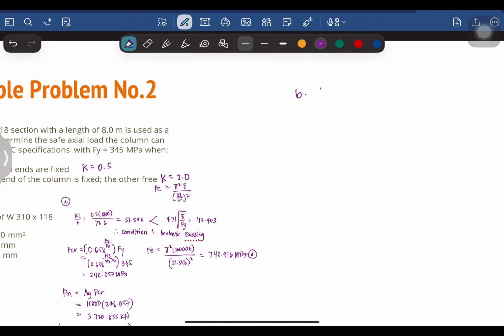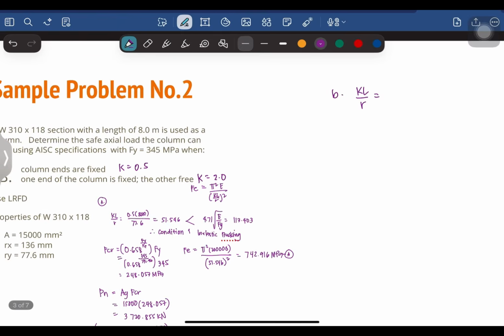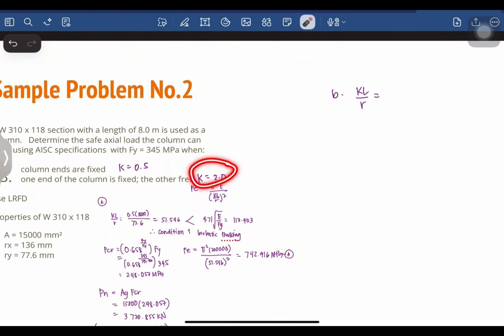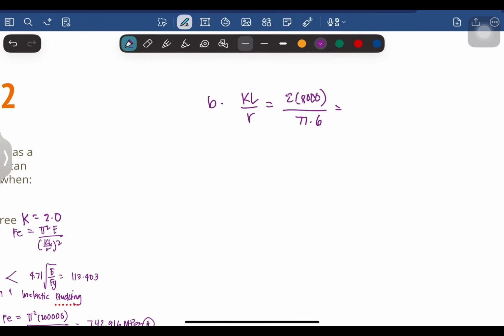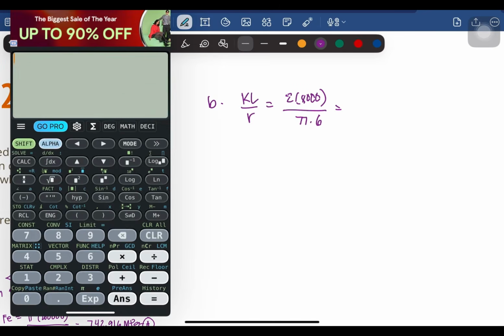For letter B, the ratio KL over r is equal to the given K as per the given support, which is 2, times 8,000 over 77.6. So 2 times 8,000 over 77.6 is equal to 206.188.